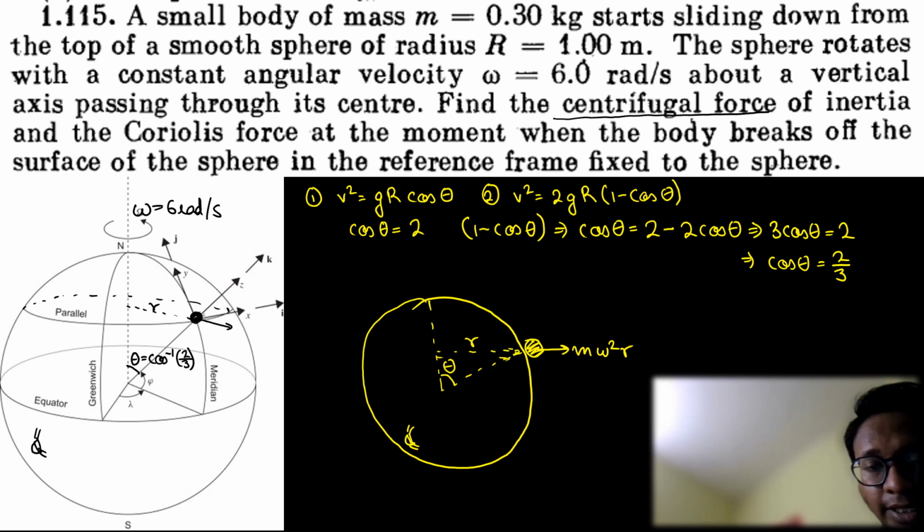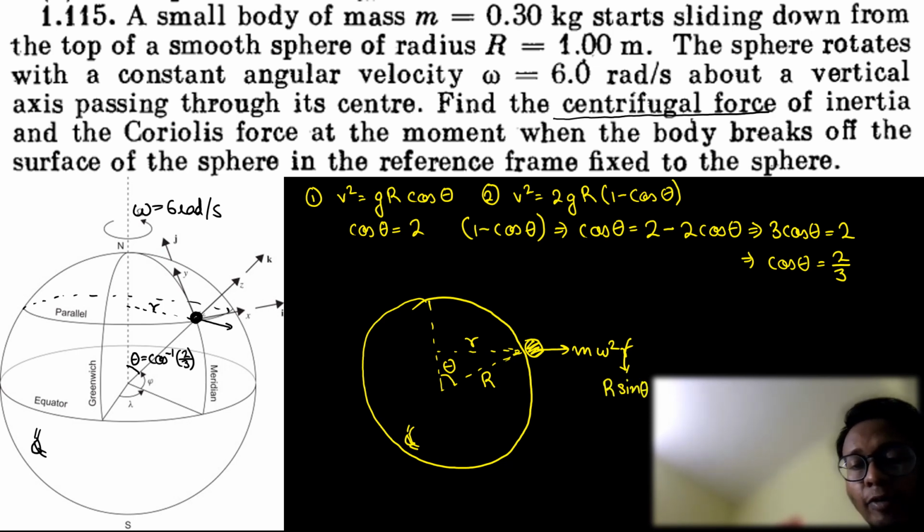Now see, if this is r, the radius of the sphere, and this is angle theta, what is small r? Can I say r cos theta is this much distance, and r sin theta is this much distance? So small r is nothing but r sin theta.